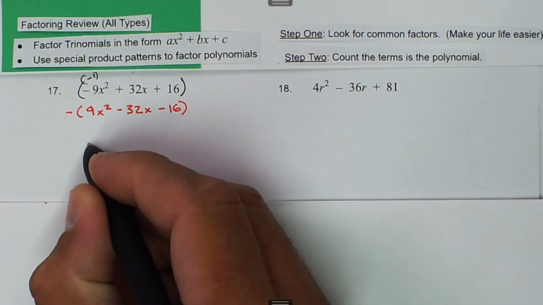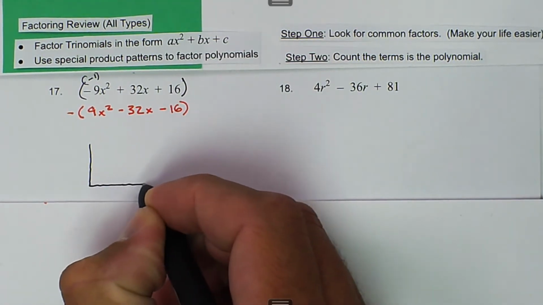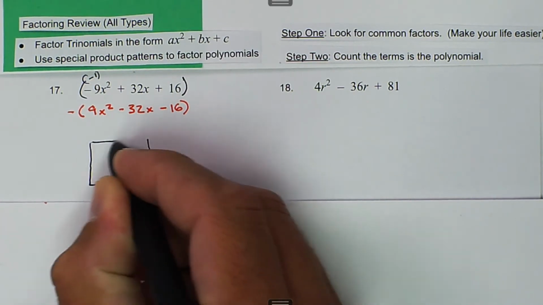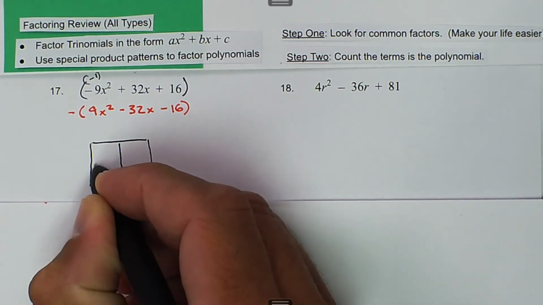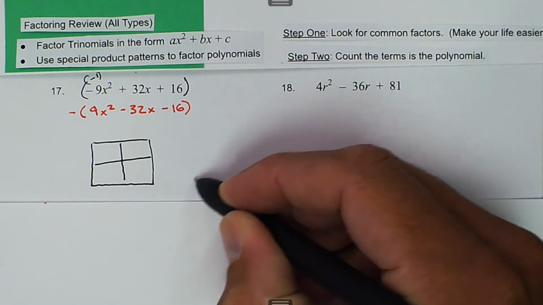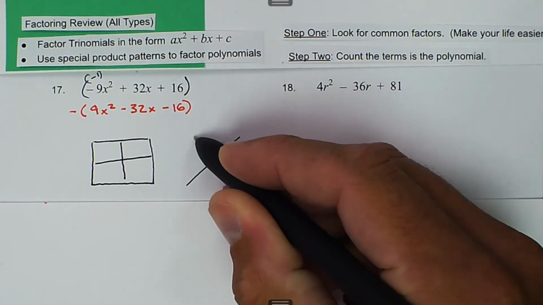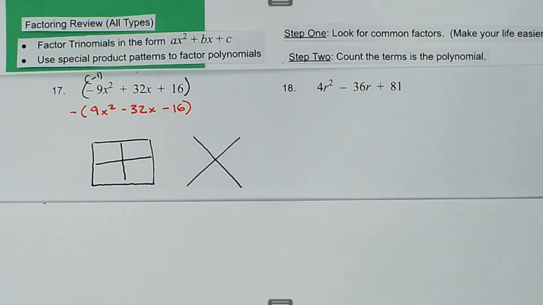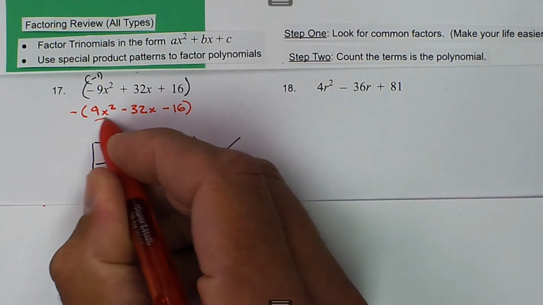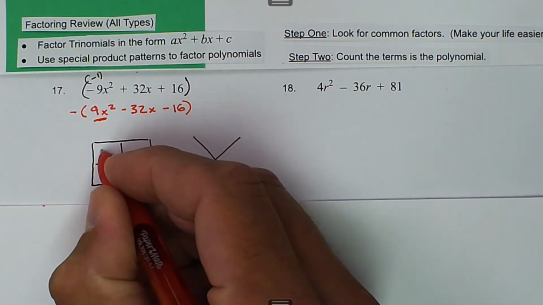Basically the box and X method is you make a box and you make an X, and then you just have to fill it in, and filling the box in helps you recognize where things go. So the first term goes in the first box.